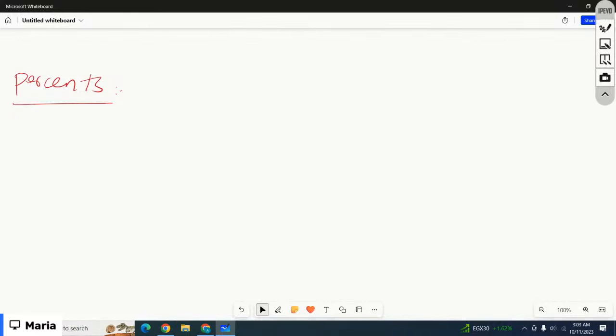So when we say percent, we are really saying per 100, right? So percent means 1% means 1 per 100, right? Whenever you see the word percent, that means 100.